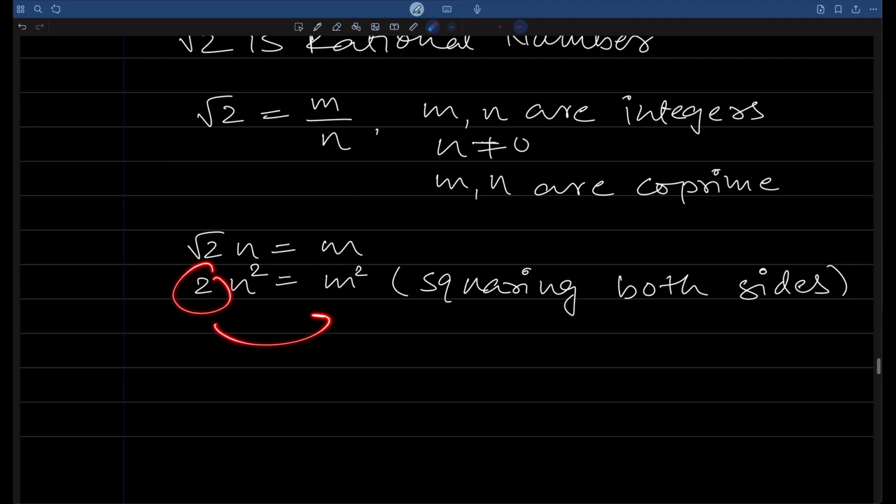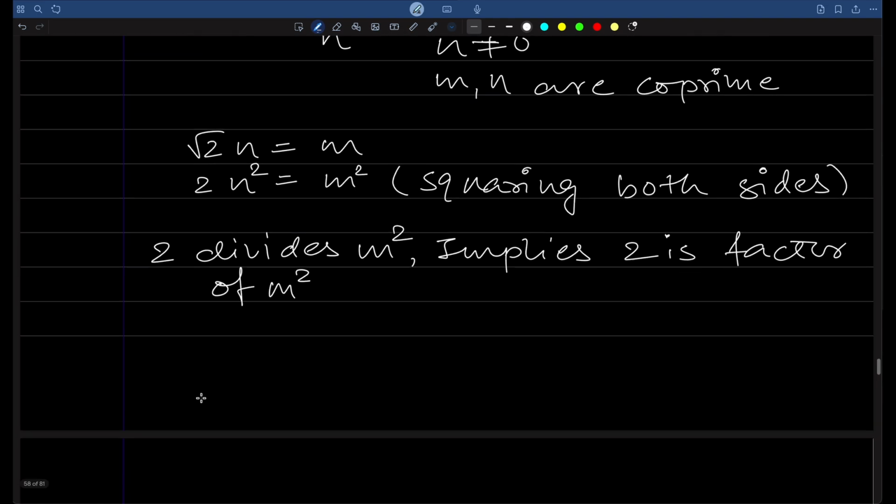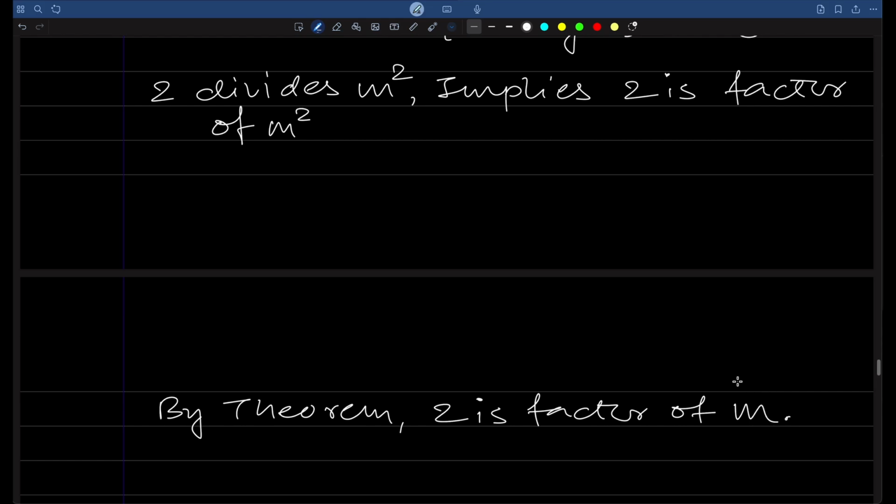If we see here, 2 divides m square, this means that 2 is one of the factors of m square, and by theorem we can say 2 is also a factor of m.